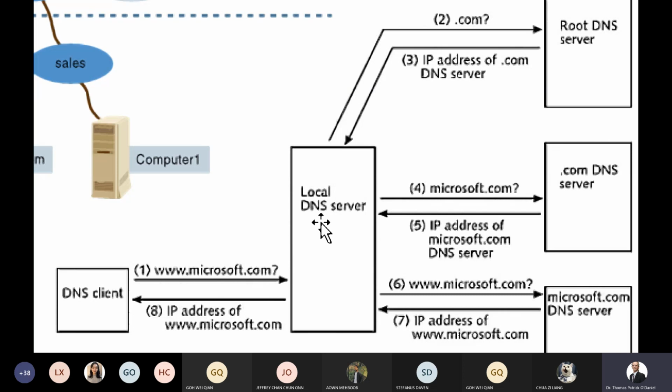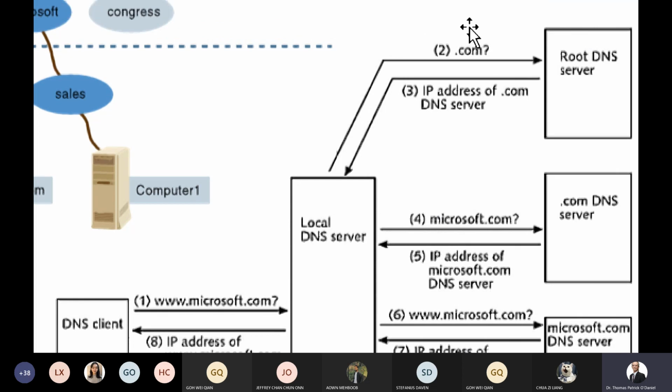If it's not in the cache, what does it have to do? It has to start over from the beginning. And it contacts the root DNS server to say, give me an address for a .com server because I need to figure this out, right? And the root DNS server is the one that is authoritative for that domain. It's in its zone of authority.